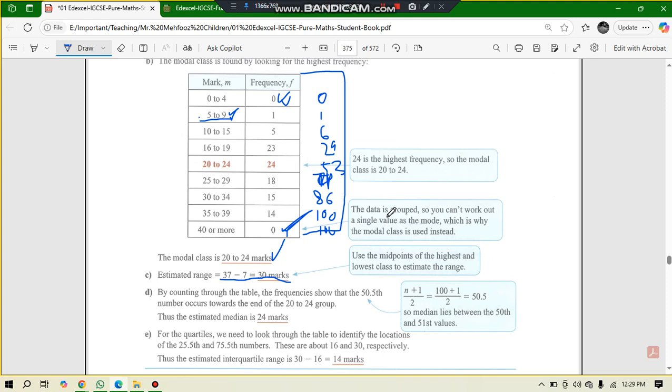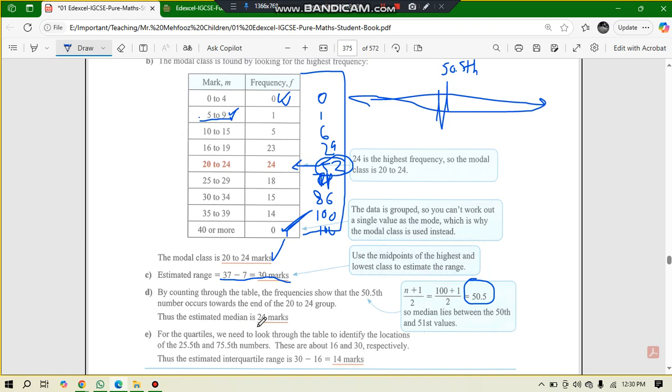Now the total number of values is 100. If we arrange the 100 values, your median is the 50.5th term, right? Because the median has the formula (n plus 1) over 2, so (100 plus 1) over 2 is 50.5. It means the value near 50 is in the 20 to 24 class, at the end of that class.